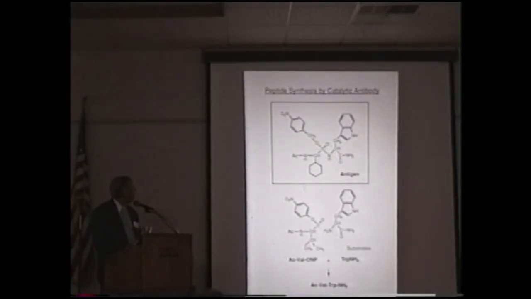One is a nitrophenyl ester of valine, and the other is a tryptophan amide. And it turned out that it did. The antibody would catalyze that reaction, form the peptide bond, and they were able to make a dipeptide. This has a long, long way to go to make it general so that a very big molecule can be made, but it's a first step. So I think it's important.